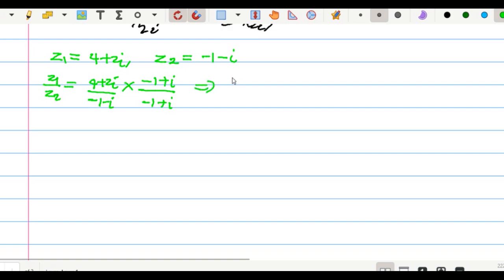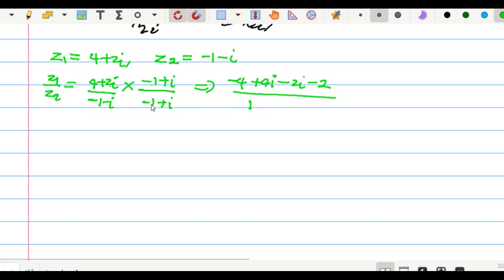So this implies that multiplying 4 times minus 1 now you have minus 4. 4 times i, we're going to have plus 4i, then 2i multiplying minus 1 you have minus 2i, then 2i multiplying i here we're going to have minus 2, right? And for the denominator here we're going to have 1, right?